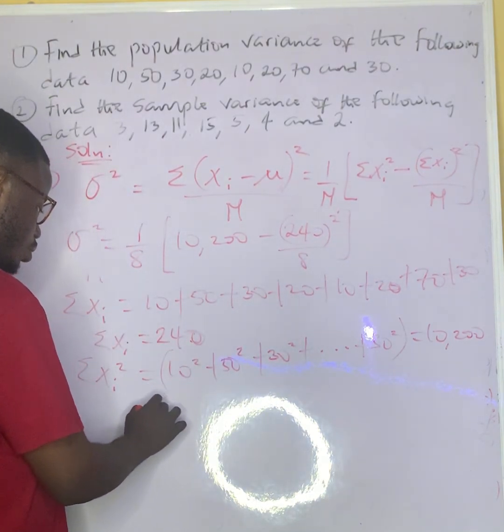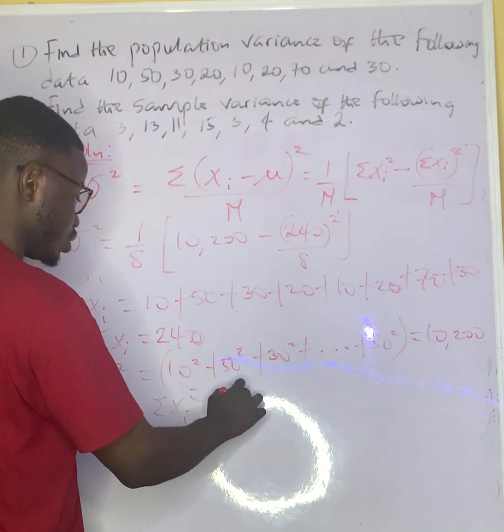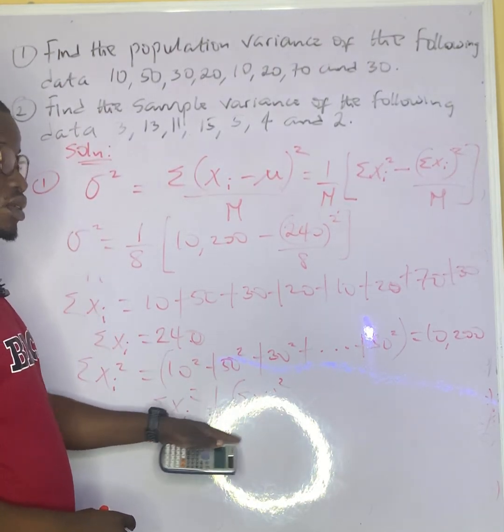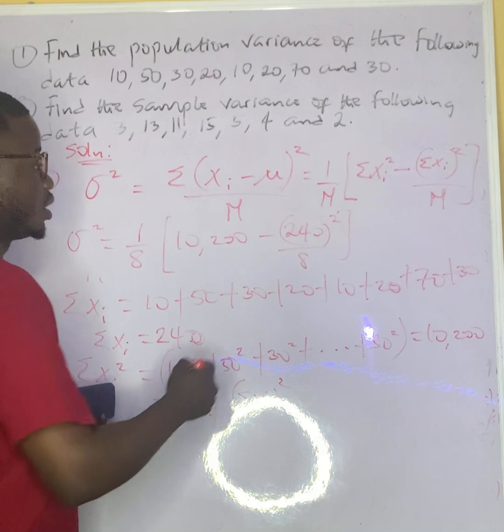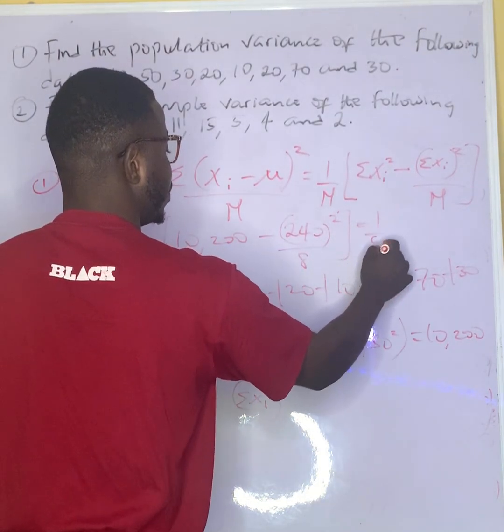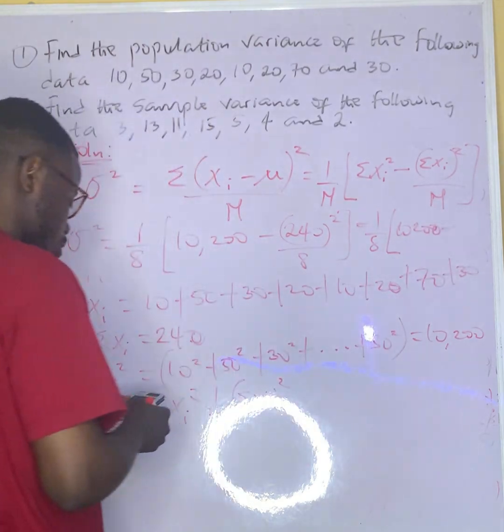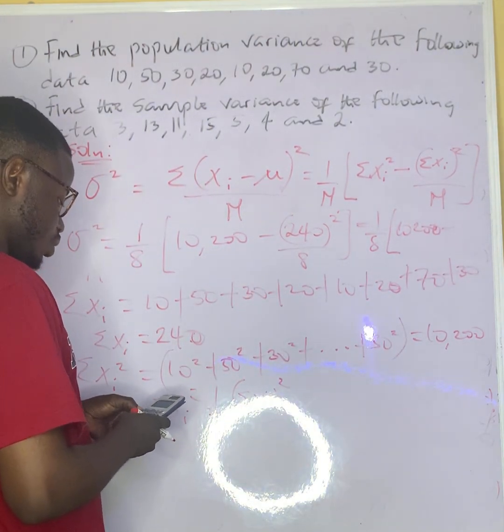Take note, summation xi square and summation xi all squared are not the same thing. This is not equal to this, so take note of that. Here we have 1 over 8, 10,200 minus 240 square. So I need to square that one.